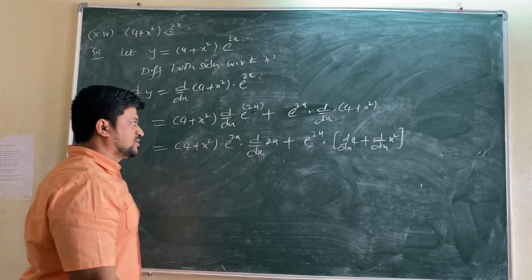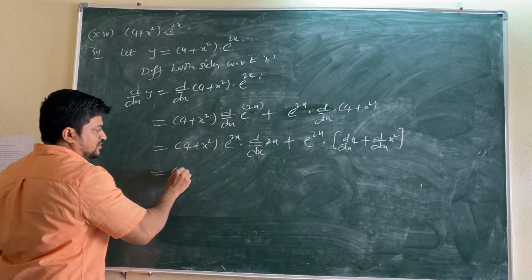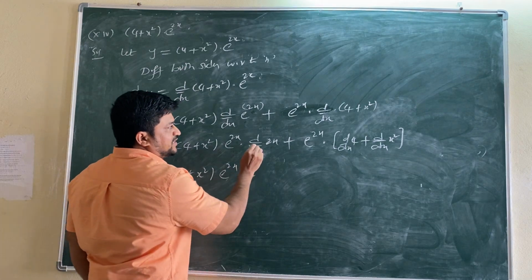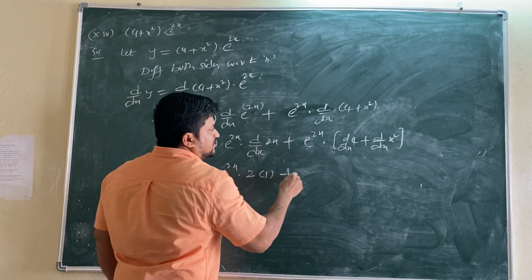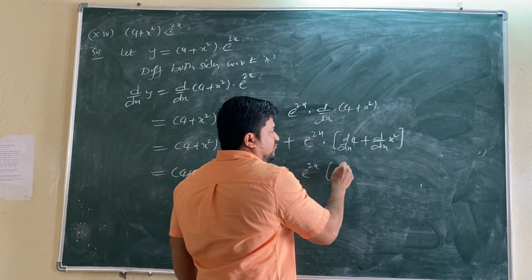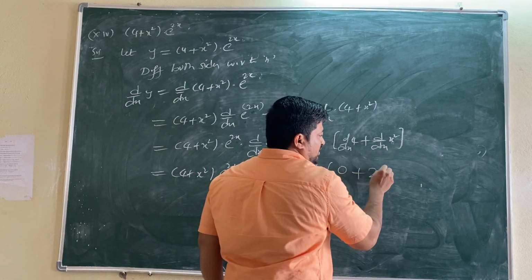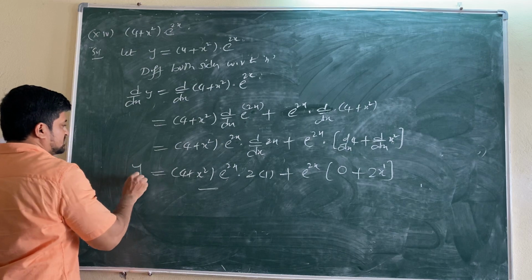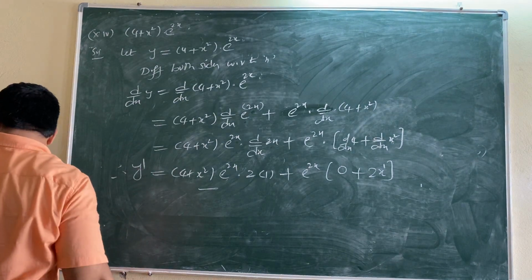Bracket close. So brackets are the most important part in this one. 4 plus x square e power 2x into 2 outside, the derivative of x is 1, plus e power 2x, the derivative of 4 is 0, x square derivative is 2 into x power 2 minus 1. This is dy by dx.